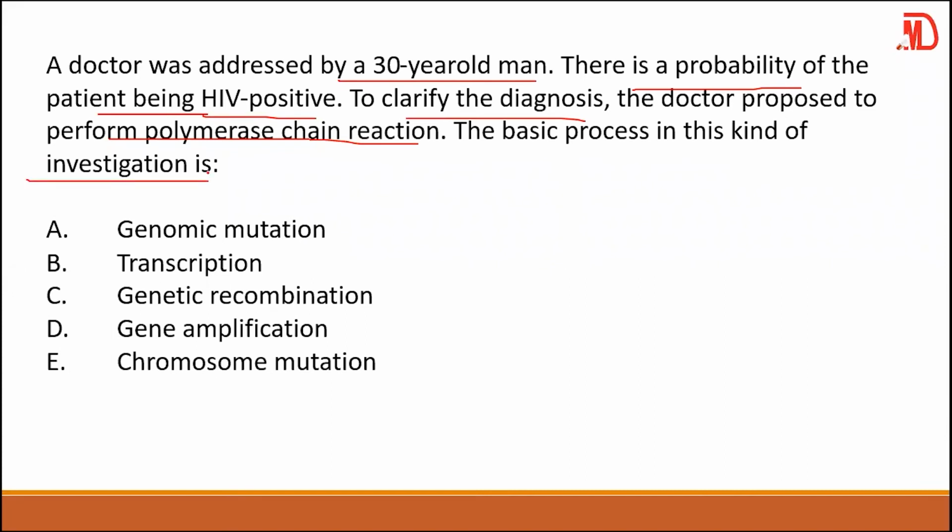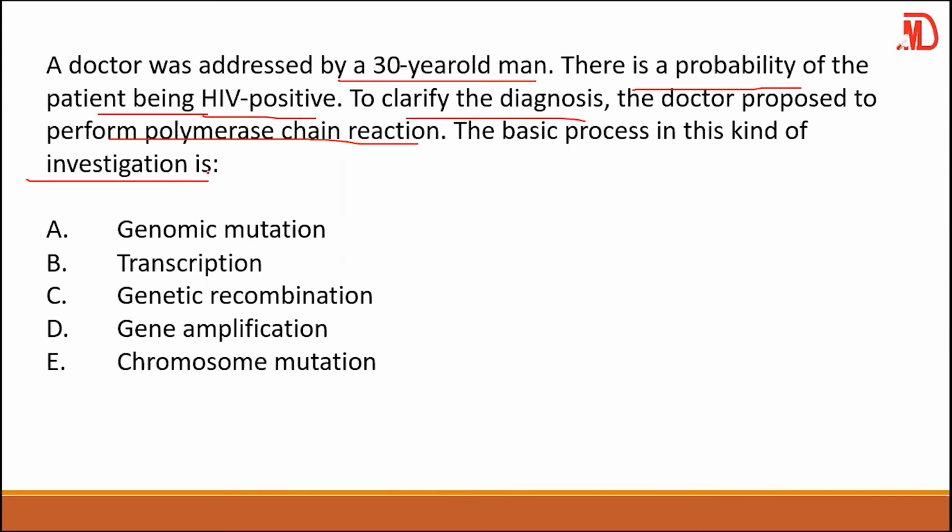So why do we do PCR? I believe you know PCR because if you want to test for HIV and things like that, you do a PCR, polymerase chain reaction. And why we do PCR is because we want to make multiple copies of a specific DNA segment.